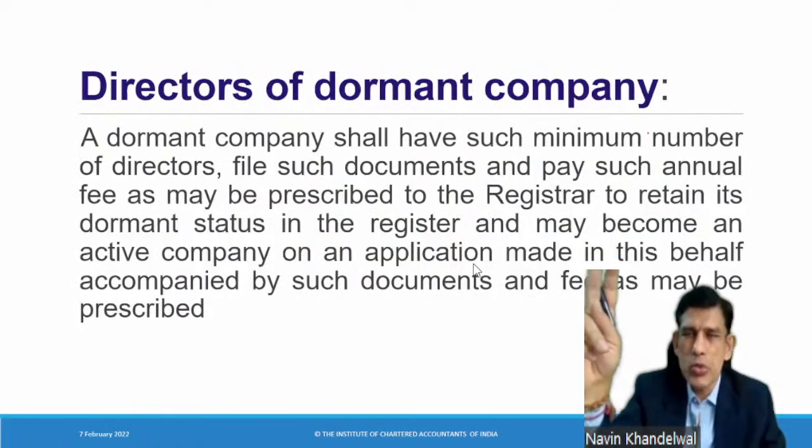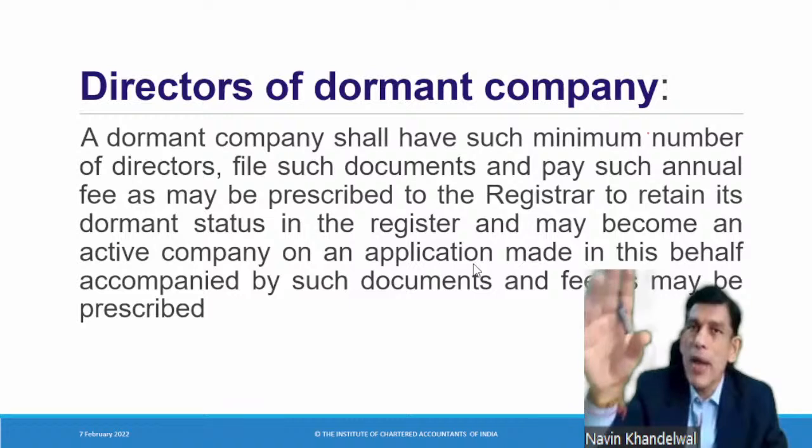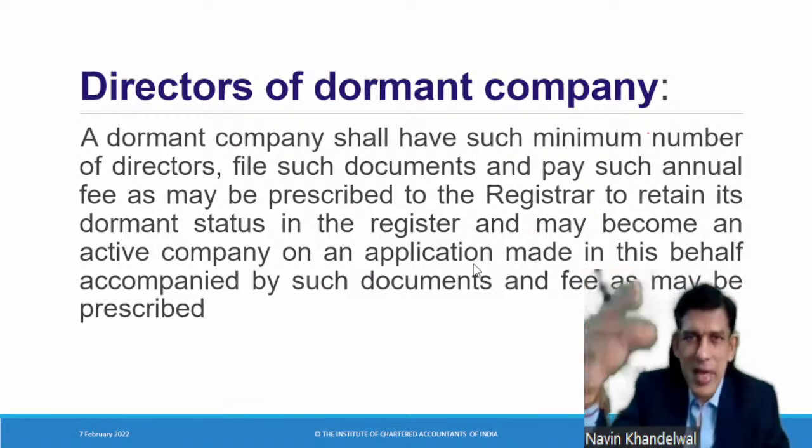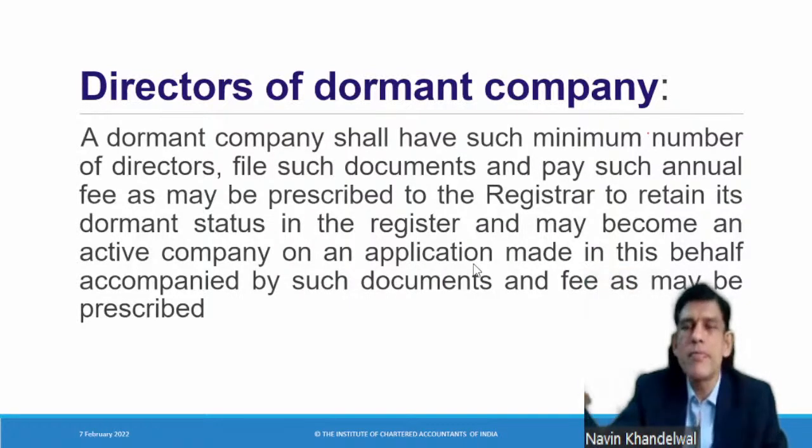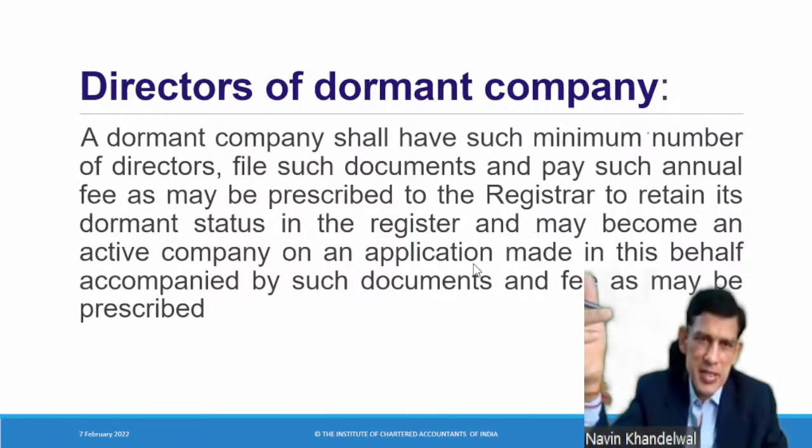So there are 2 ways where you can be classified as a dormant company. One, by the company itself, by making an application in form MSC-1, and other, the step can be taken by the registrar on non-filing of financial statements or annual returns for 2 consecutive financial years.